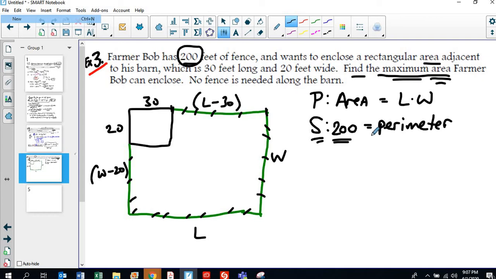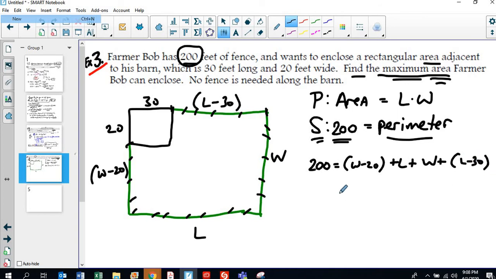Now be careful. If you're doing the perimeter of a rectangle, there's a geometric formula for that. It's 2L plus 2W, but we can't use that because this side and this side do not take up the entire length L or width W. So just go all the way around the fence, starting right here. We use 200 feet of fence. We're going to use W minus 20 plus L plus W, and then the top part of the fence here is L minus 30.